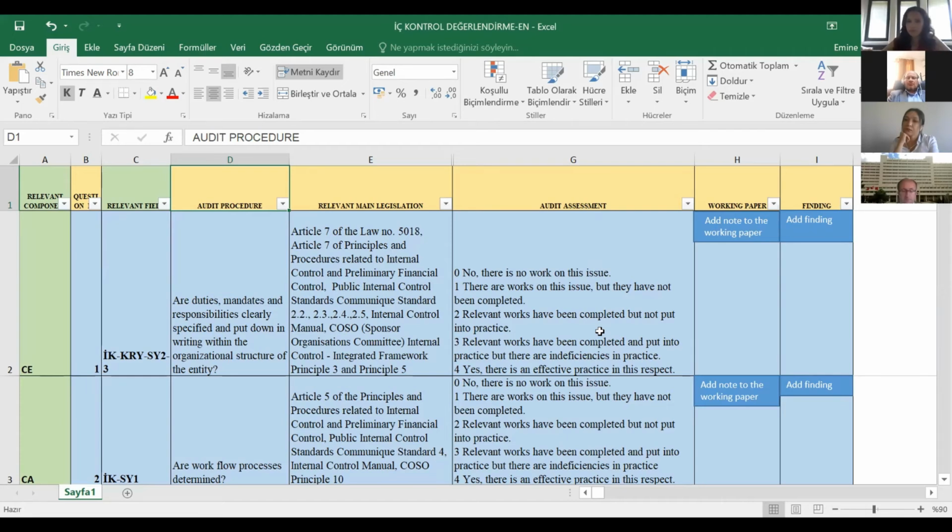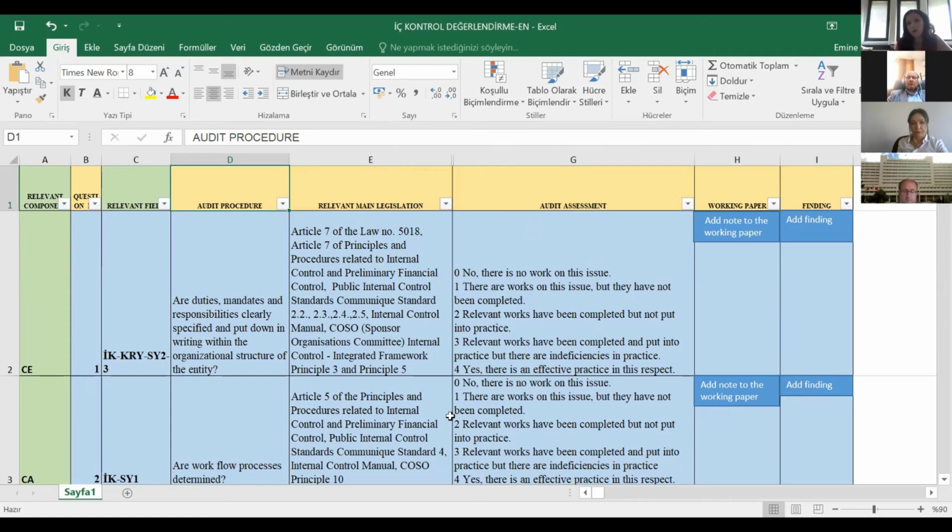Let's remember the requirements of the effective internal control systems. 1, the components and relevant principles should exist, should be present, and secondly, all components and the relevant principles should be functioning, and they all should operate together.